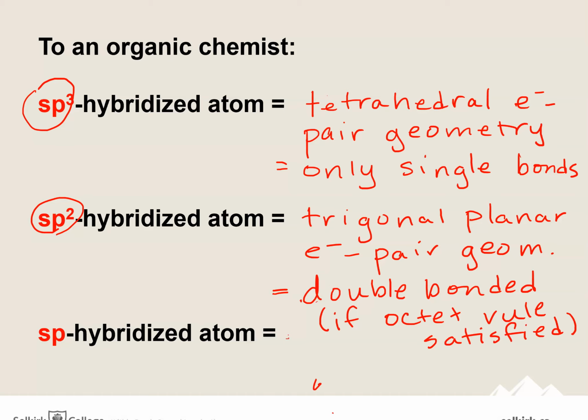Finally, you're way ahead of me on this last example. If I have an sp hybridized atom, what's the electron pair geometry? I've got 2 orbitals blended, 2 electron pair domains. That's a linear geometry.